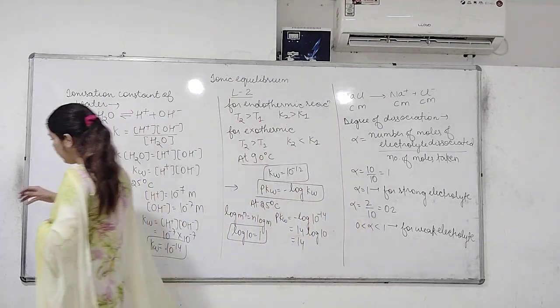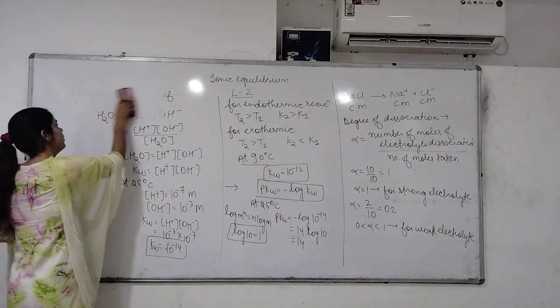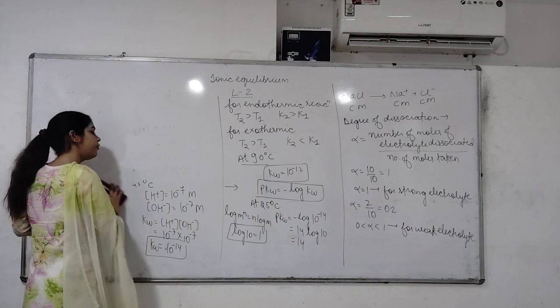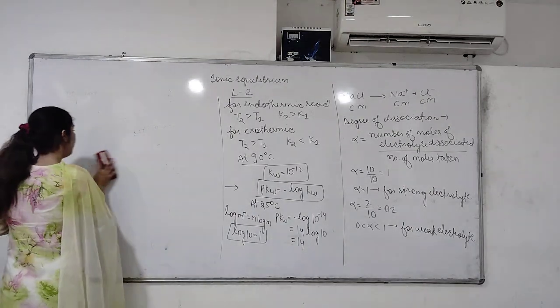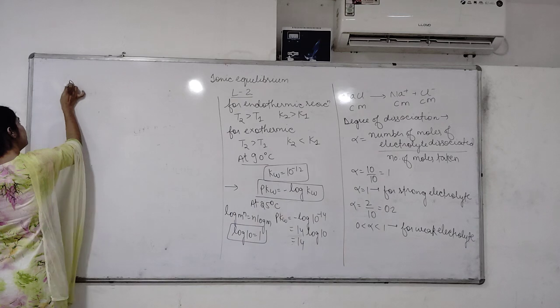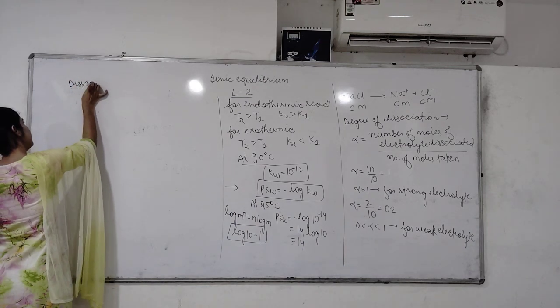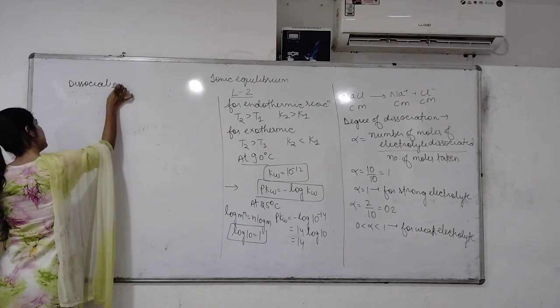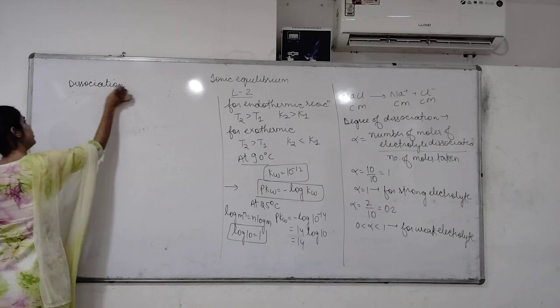So let's start how to calculate concentration of ions in a weak electrolyte. For that, we need degree of dissociation. Dissociation of weak electrolyte.